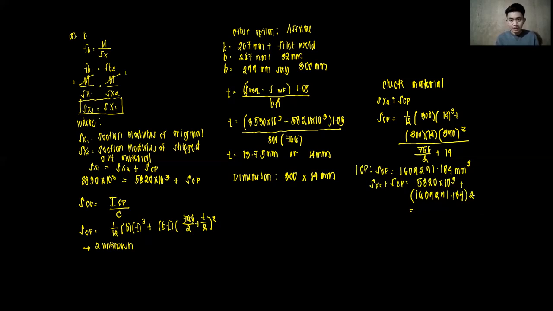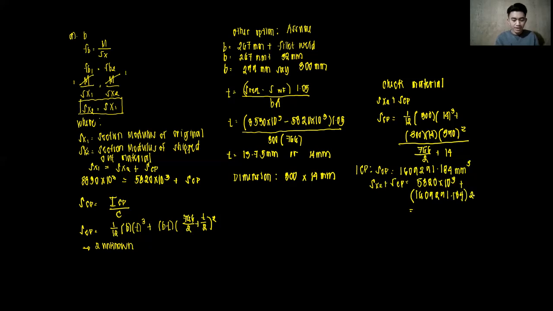So what will happen? I will have here 1,609,291.184 times 2 plus 5,820 times 10 raised to 3.